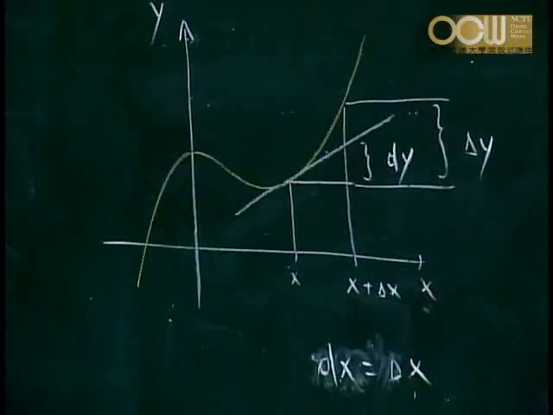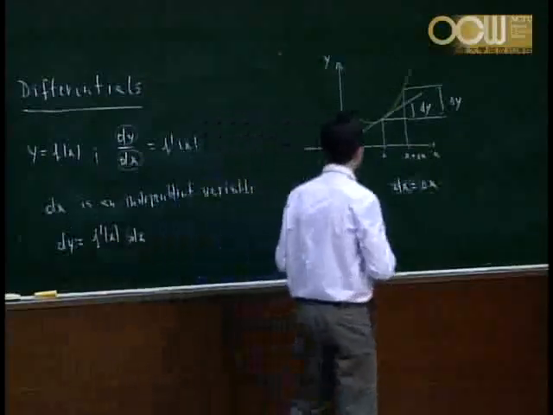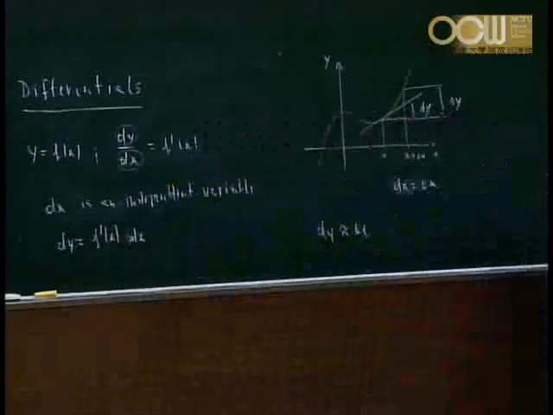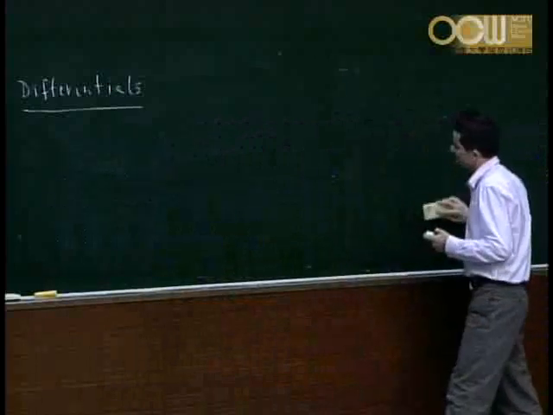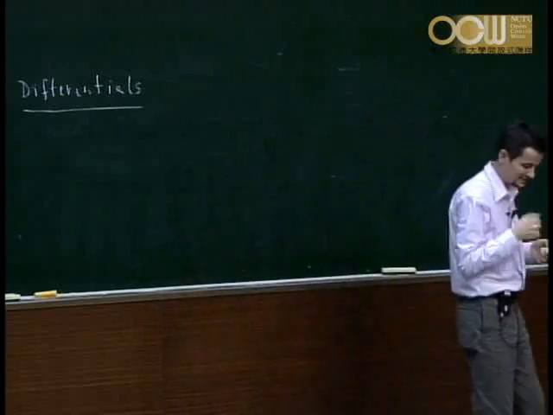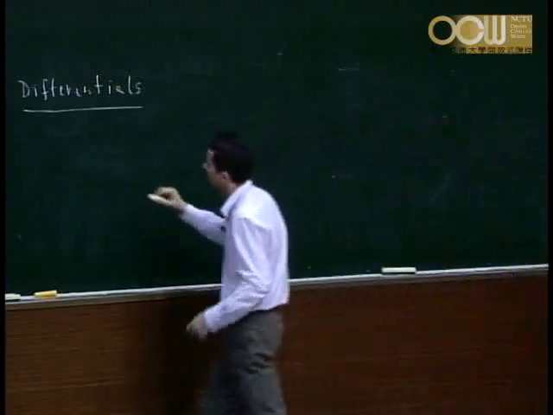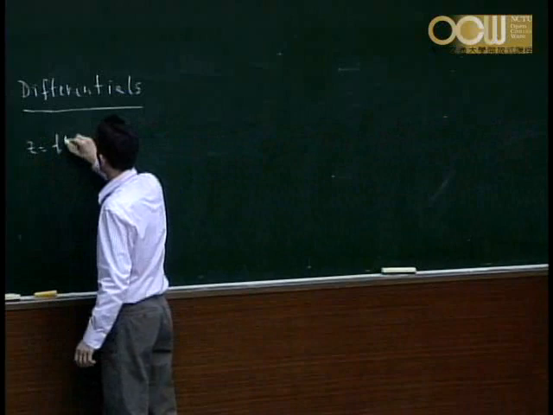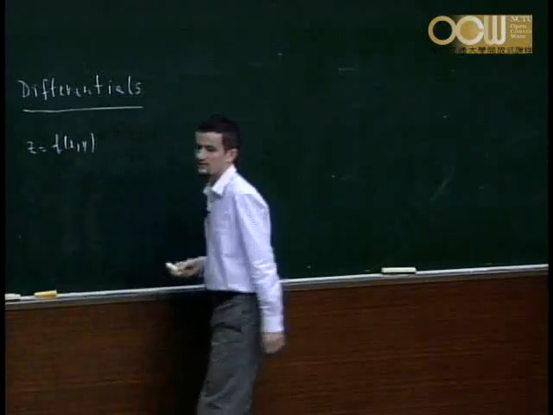Okay, now we want to do the same for functions of two variables, so we just use the same idea. How do we do things for functions of two variables? This is just notation, but notation which you might encounter in applications. So now you have a function of two variables.